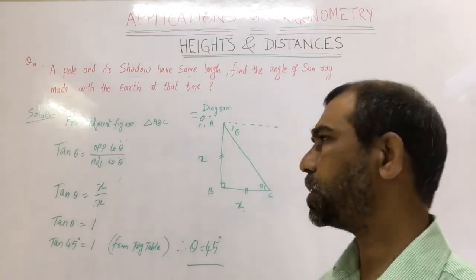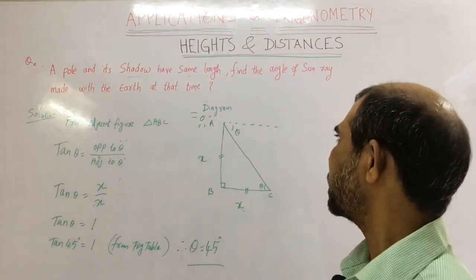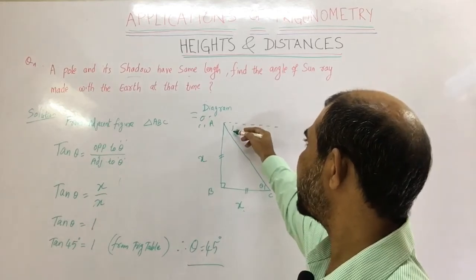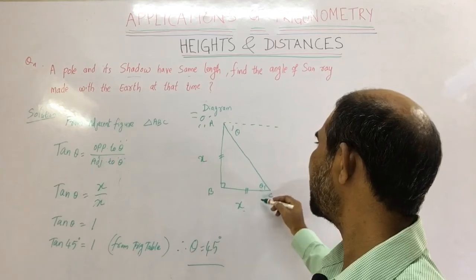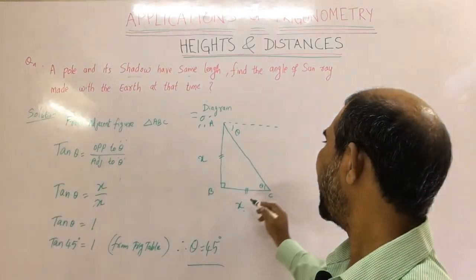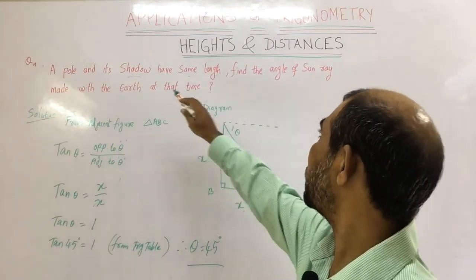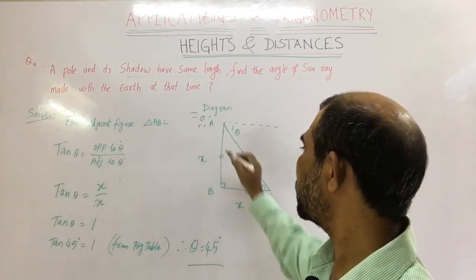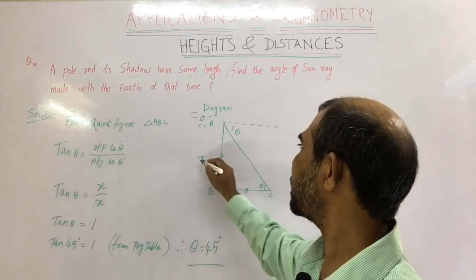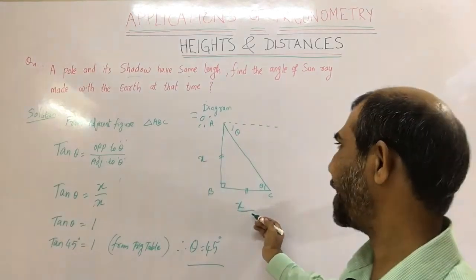Here, when you read the question, you can observe this theta is the angle of depression, the same as this angle in the right triangle, and the shadow and the length of the pole are both equal. This is the shadow and this is the pole, say x.